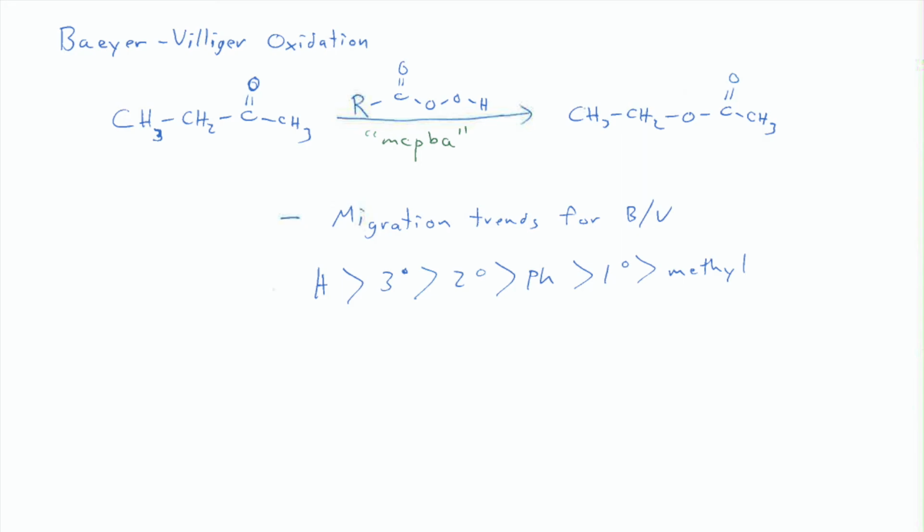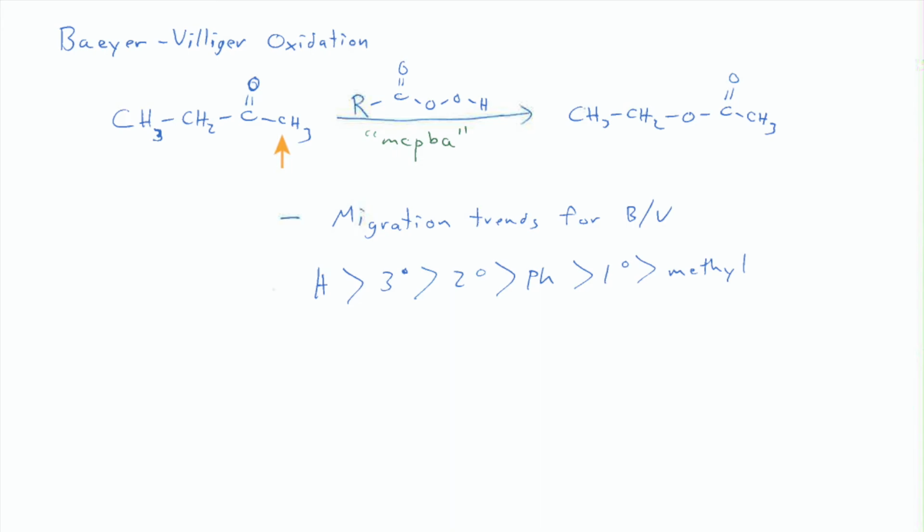So once you get past hydrogen, let's look at carbon groups. It basically comes down to degree of substitution. The more highly substituted that alpha carbon is, the more likely it is to be the one that migrates, or in other words, the one that gets the oxygen attached to it. So here, if you look at the example I have, the two carbons attached to the carbonyl: on the right side, that carbon is a methyl carbon.